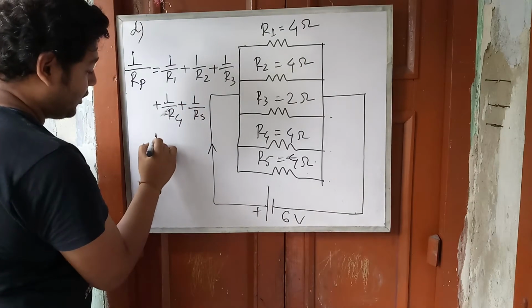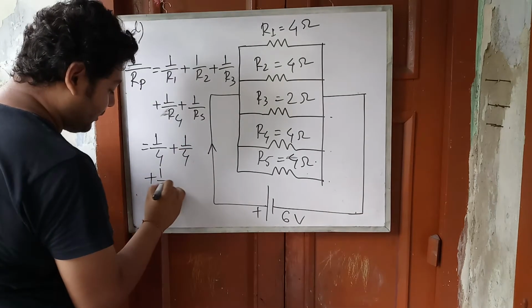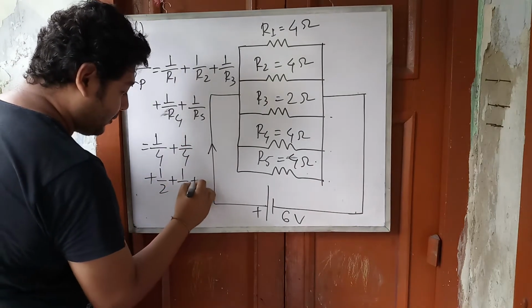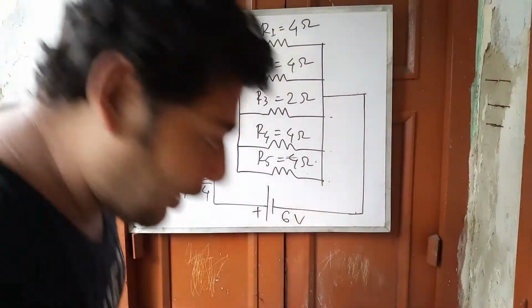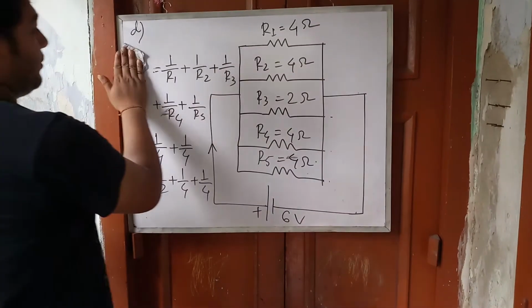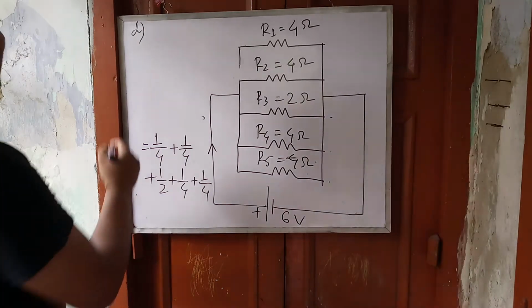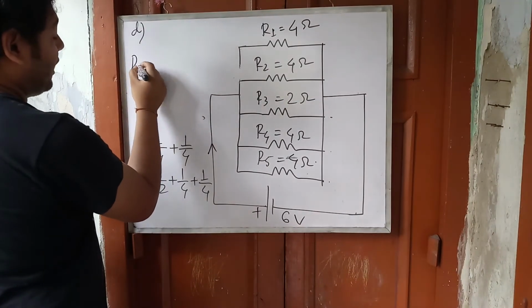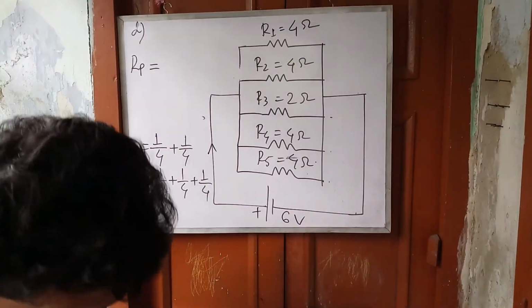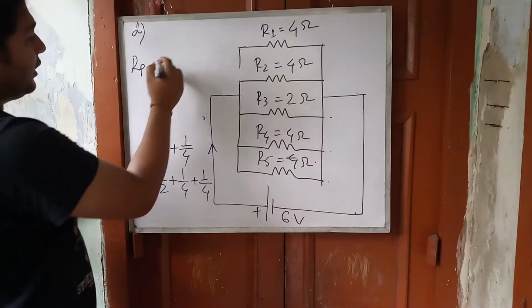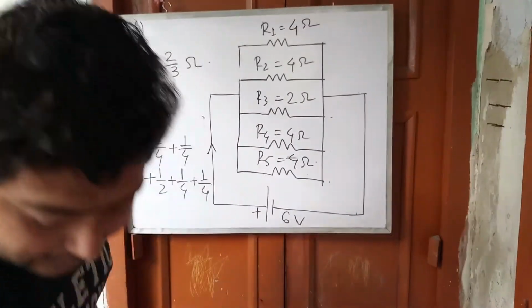Now we can write 1 by 4 plus 1 by 4 plus 1 by 2 plus 1 by 4 plus 1 by 4. By calculating this, we get our final Rp for this figure as 2 by 3 ohm.